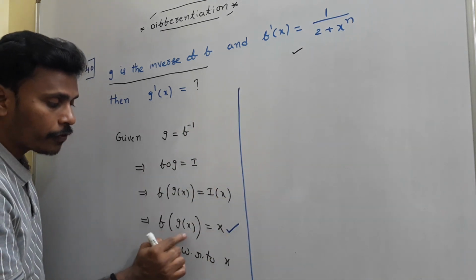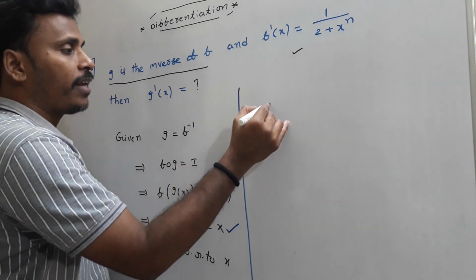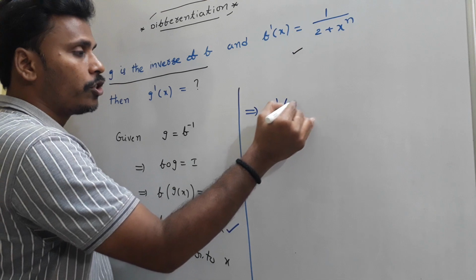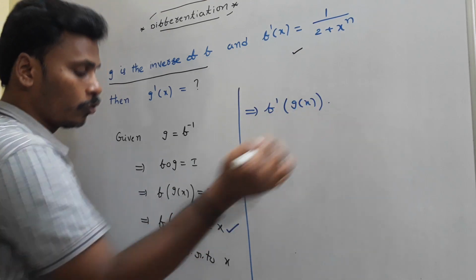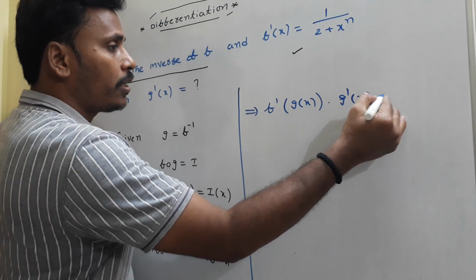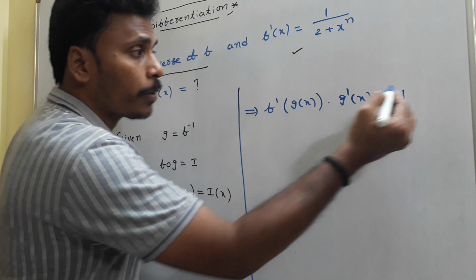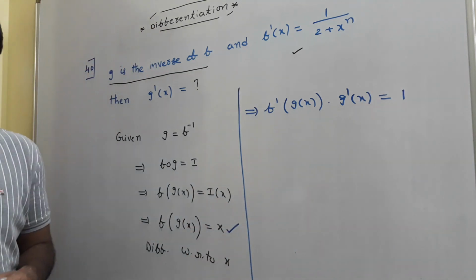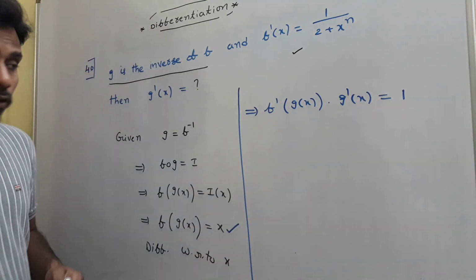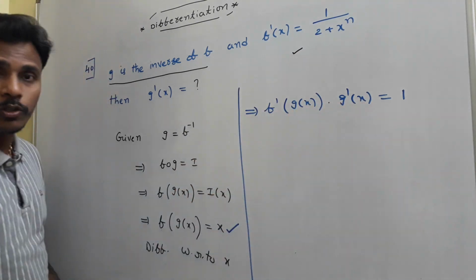For f of G of x, the derivative is f dash of G of x into G dash of x, and on the right side it is x and its derivative is 1 with respect to x. So we have finally f dash of G of x into G dash of x is equal to 1.